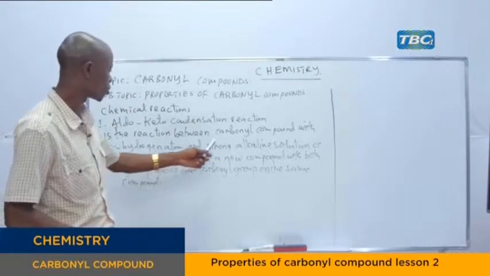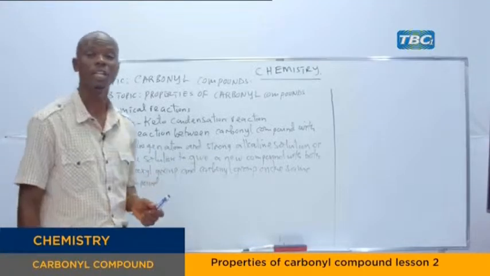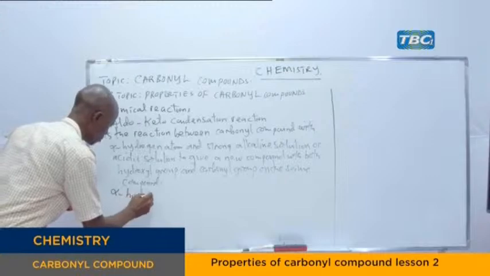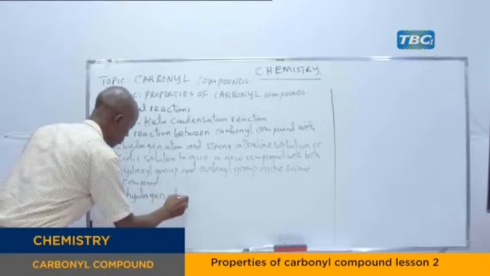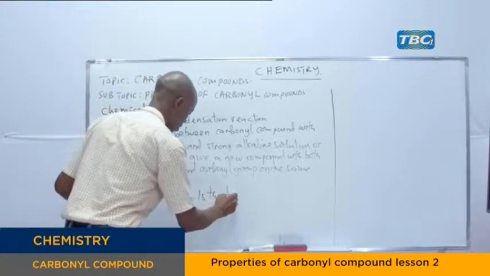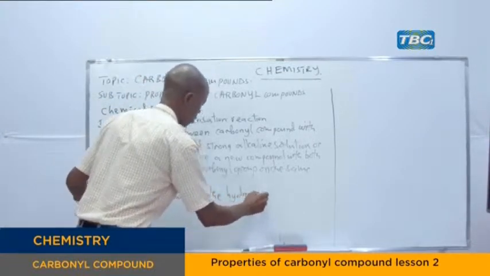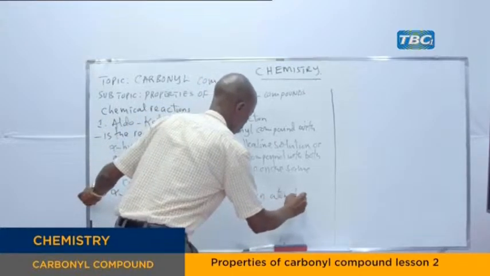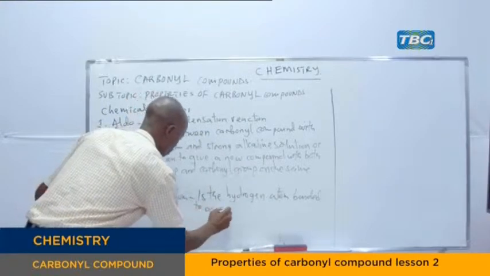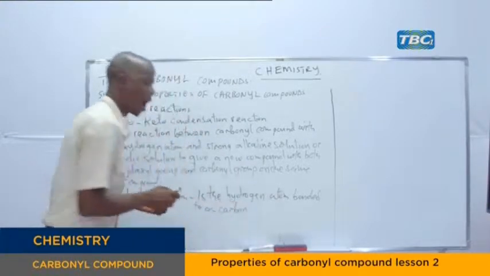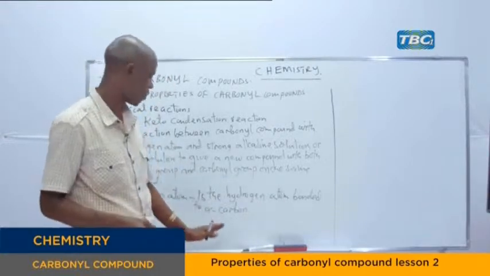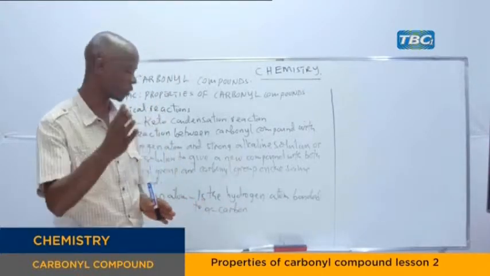So here we also have to understand what is all about alpha hydrogen atom. Now when we talk about alpha hydrogen atom, alpha hydrogen atom is the hydrogen atom bonded to alpha carbon.